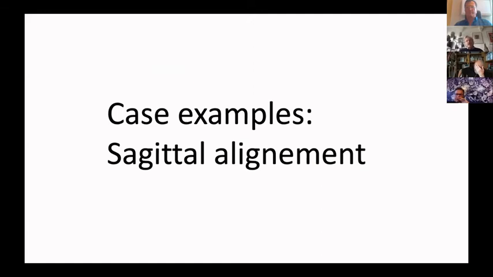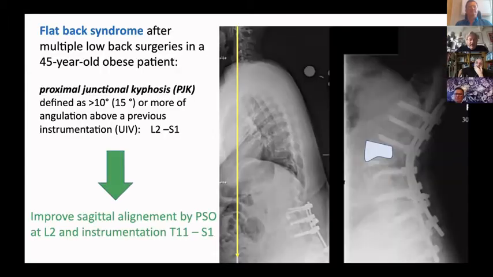Now, let me go through some case examples to support what I just listed purely theoretically, and to better understand this pathophysiology and the mechanism. The first case I show here is a flat back syndrome after multiple low back surgeries in a 45 years old obese patient, body mass index massively high.